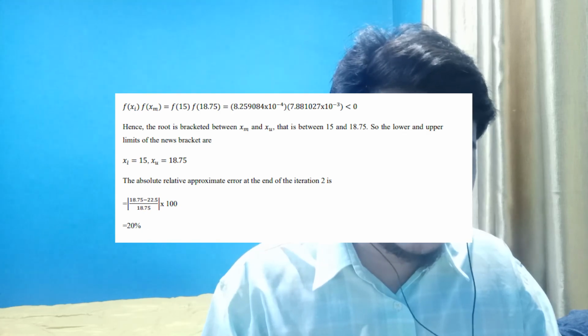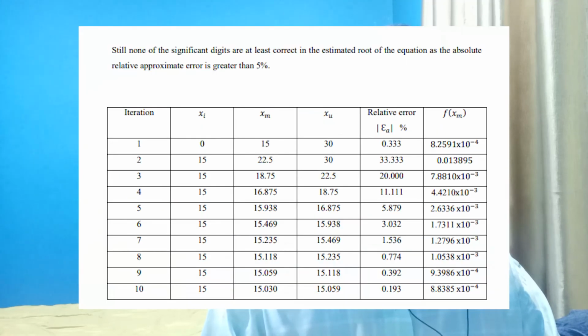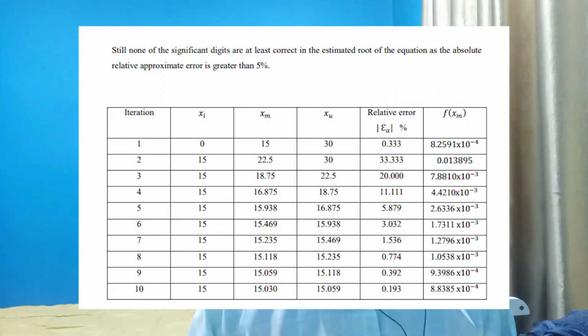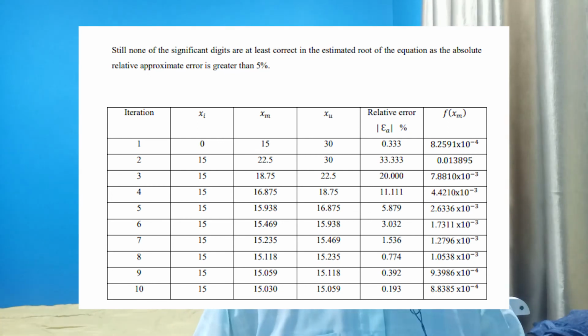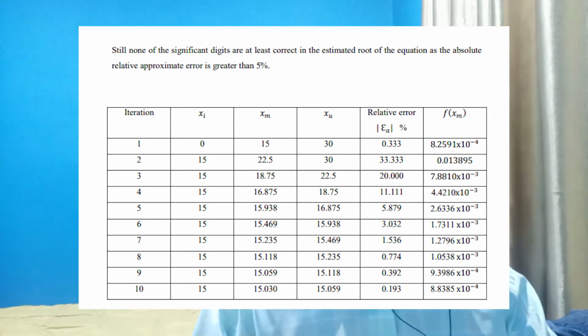And you can see the result. So here is the tabulated part. Still, none of the significant digits are at least correct in the estimated root of the equation, as the absolute relative approximate error is greater than 5%. So we tabulated the data.